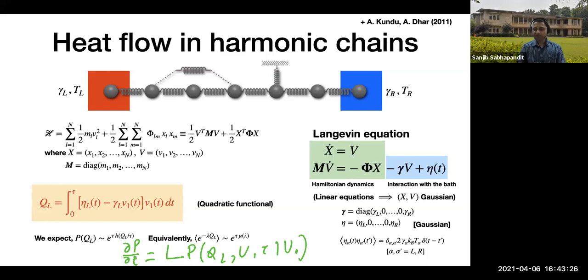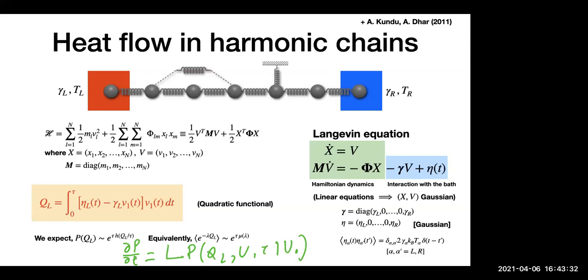This is a Fokker-Planck equation, where you can also find this operator L, where the variables are now Q and U.